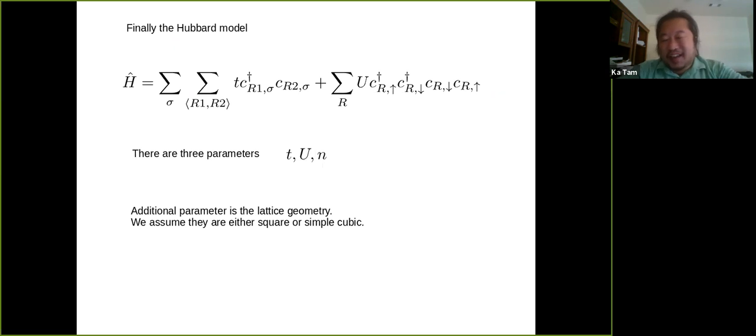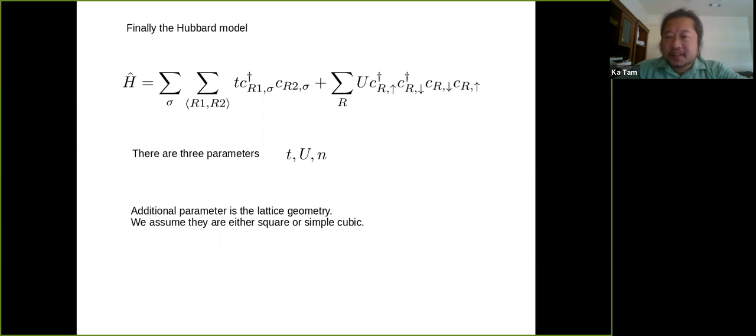For example, if n is very small, the contribution of the interaction should be quite small, because the electrons don't see each other, as the interaction is very local. So you expect it to be very similar to the free fermion gas at very low density.